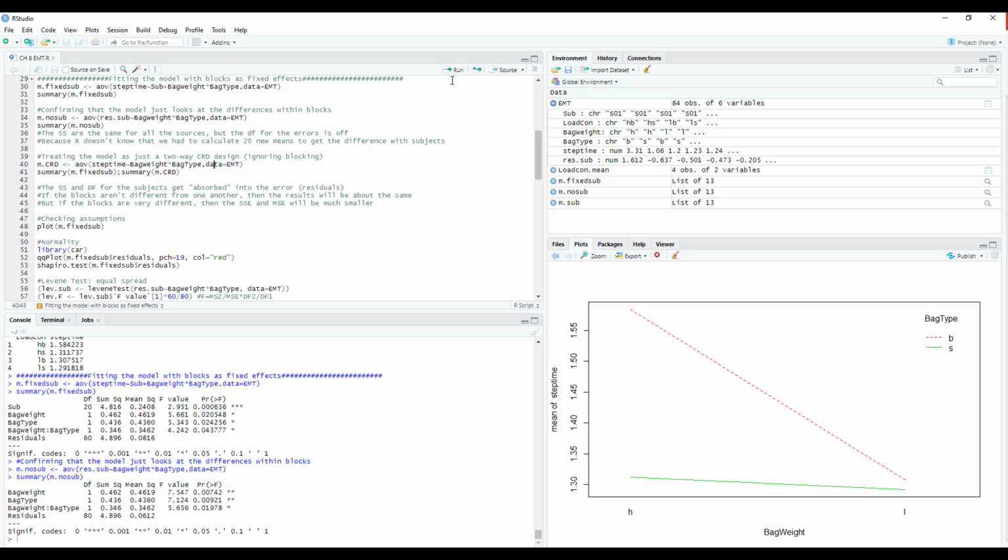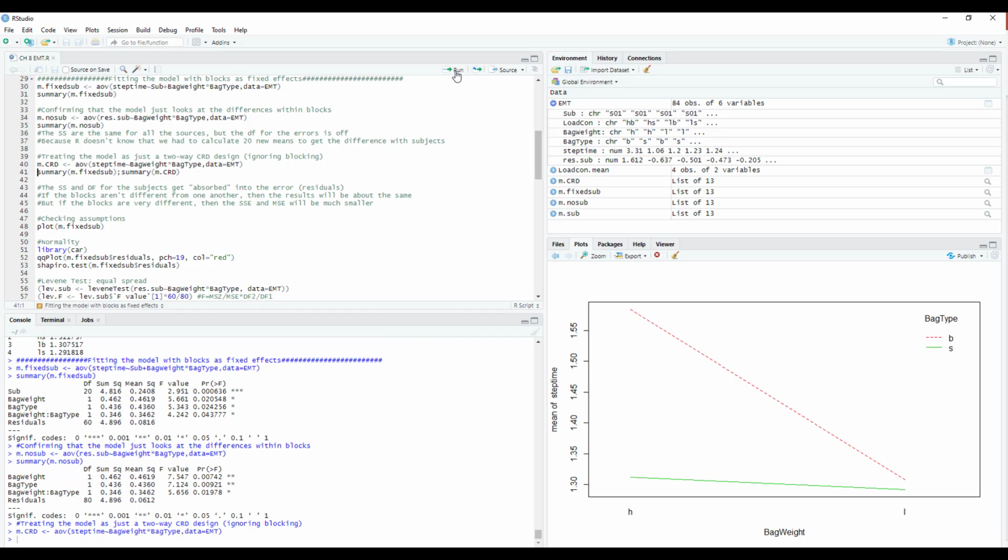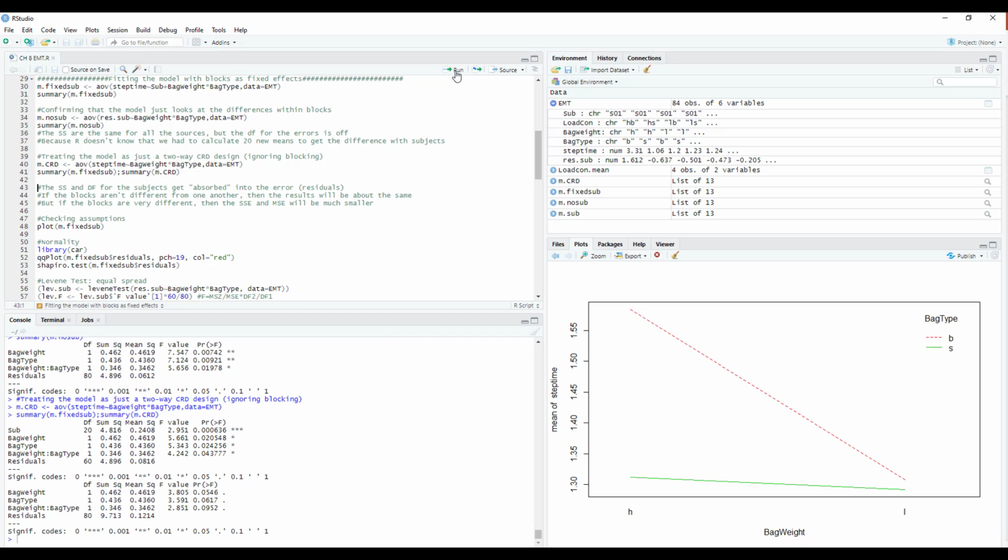And if we compare it to a randomized complete block, if we compare it to a completely randomized design where we ignore the effect of the EMTs, you can see that we get pretty different results. And that's because we took the sums of squares from our randomized complete block design. The effect of the subject got added in with the error terms.